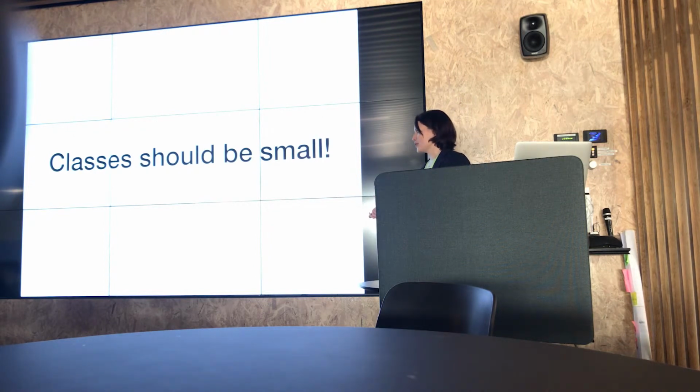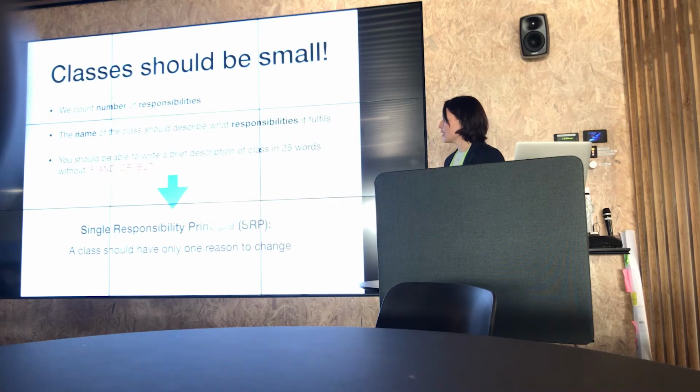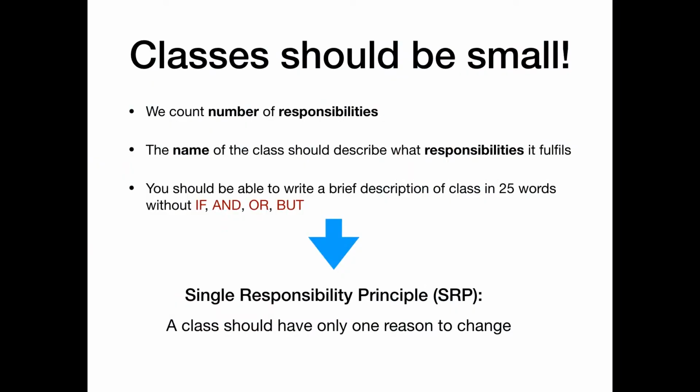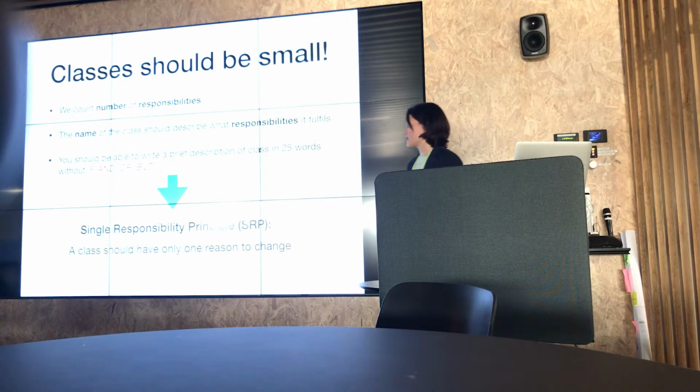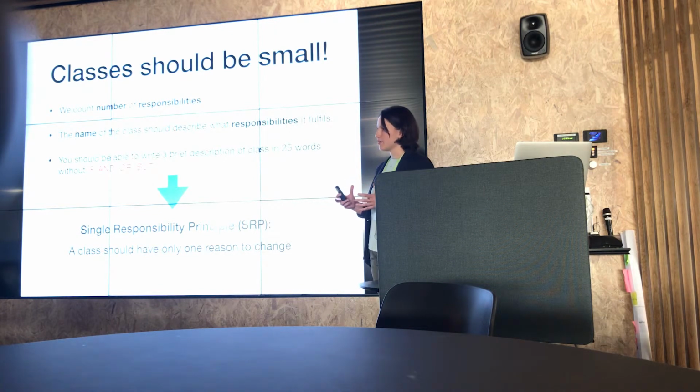The other principle is that classes should be small, but in the case of classes it's a bit hard to define what it means for a class to be small. And the author of this book provides hints that, for example, instead of counting the number of lines or the number of methods, we need to count the number of responsibilities in the class, and the fewer responsibilities each class has, the better.